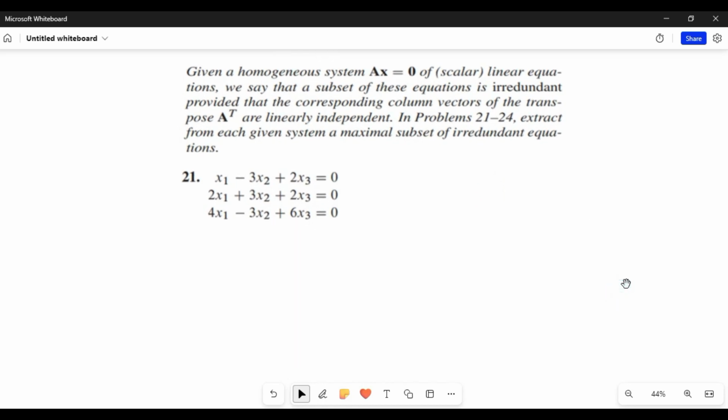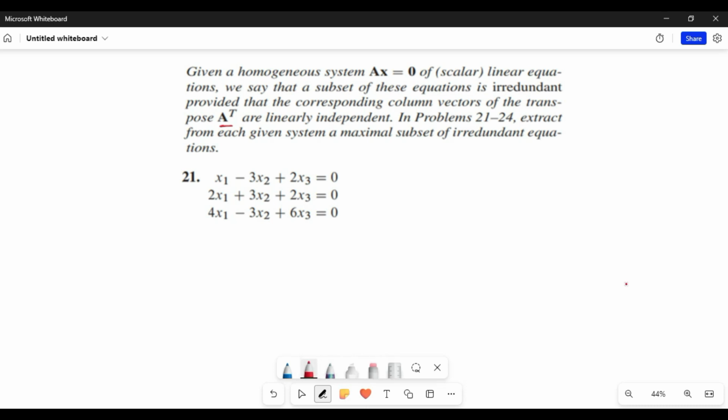Given a homogeneous system Ax is 0 of scalar linear equations, we say that a subset of this equation is irredundant provided that the corresponding column vectors of the transpose A power t are linearly independent. So we need to pick the A power t from this A matrix, and we check the linear independence by the reduction method.